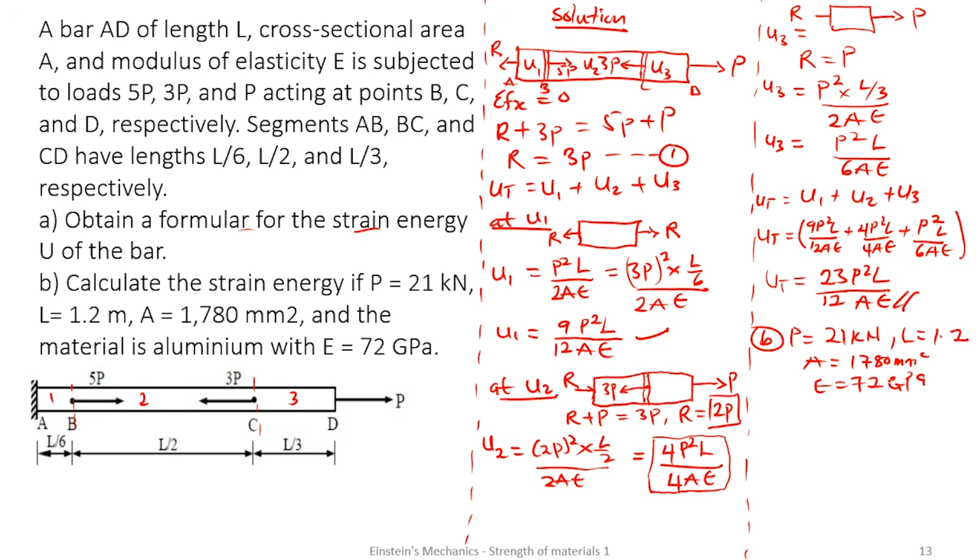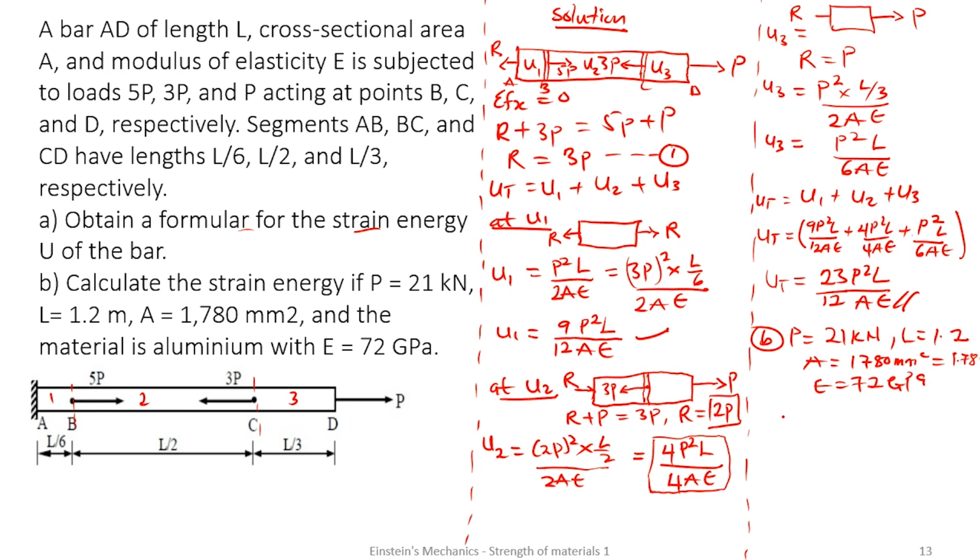We have to convert the A to meters, so it's going to be divided by 1000 squared. If you divide this by 1000 squared, first the first 1000 is going to give 1.78 times 10 raised to the power of negative 3.